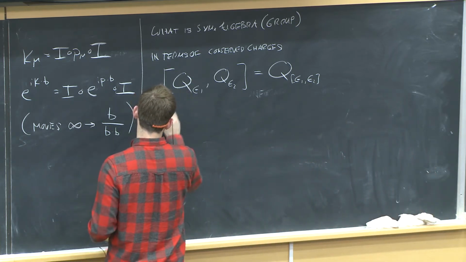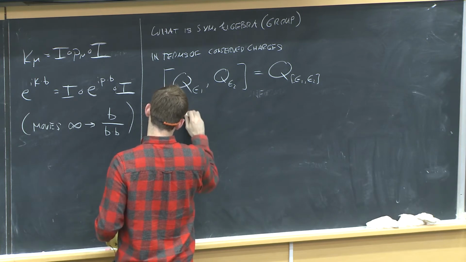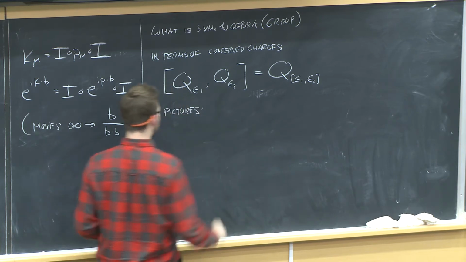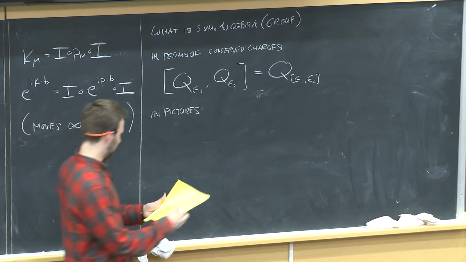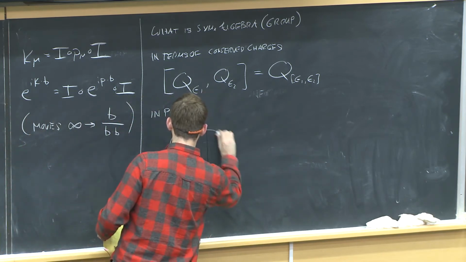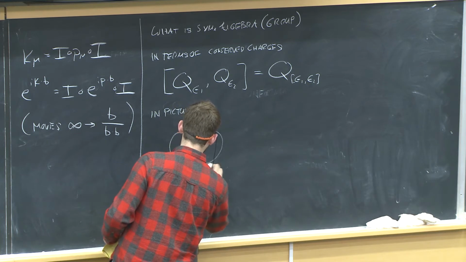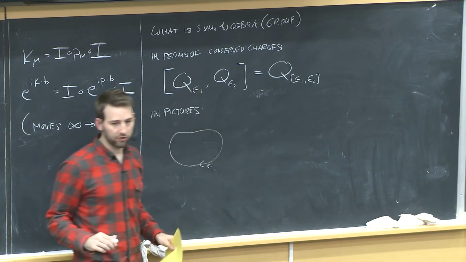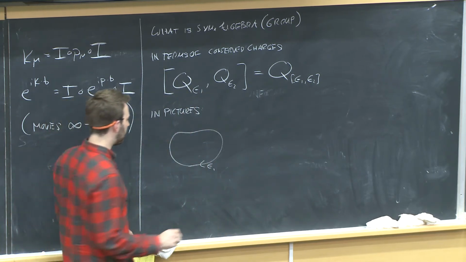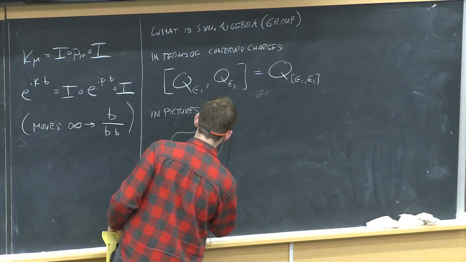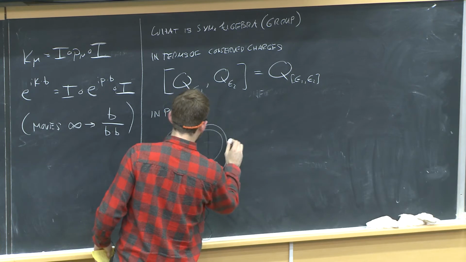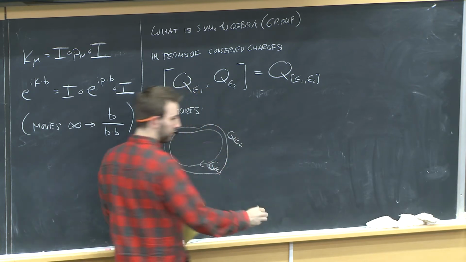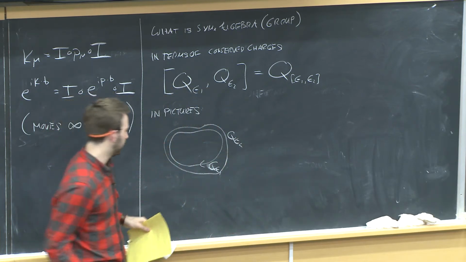So I can explain in pictures what I mean by this commutator of charges. Suppose I have some surface, and I'm inserting the charge associated with Killing vector epsilon 1 on it, or I'm inserting Q epsilon 1 on it. And then I try to insert Q epsilon 2 right on top of it, just right next to it.